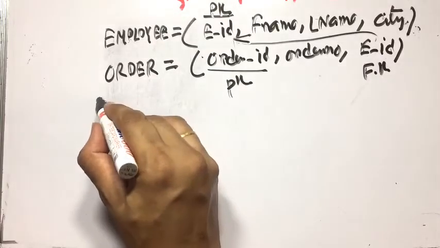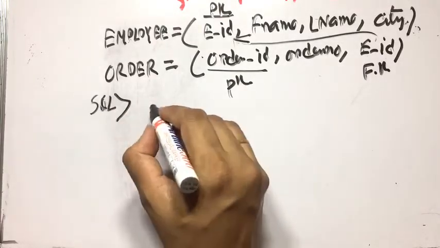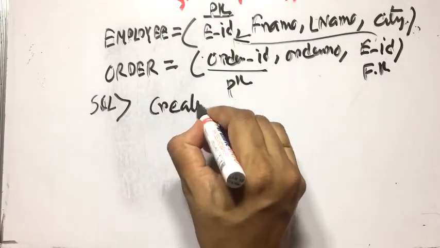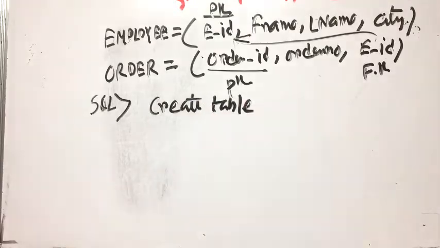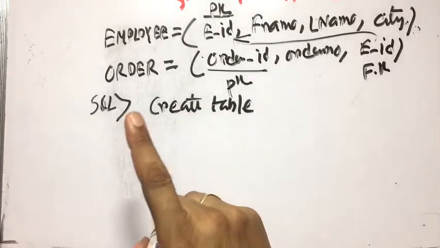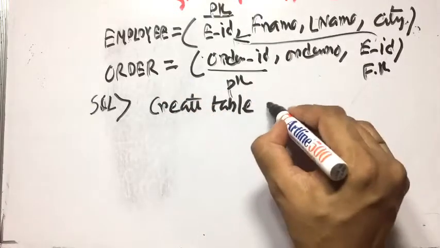How to create this foreign key? We have to create the first initial table, that is employee.